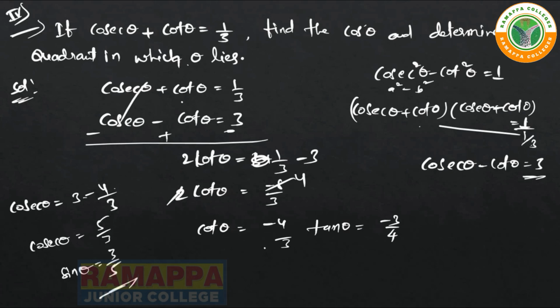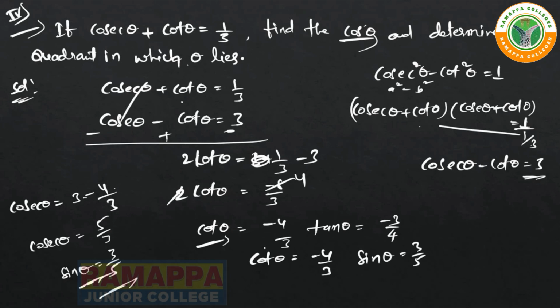Now what he is asking us to find is which quadrant it lies in, and also the cos theta. Here we got the cot theta value and the sin theta value. Cot theta is minus 4 by 3 and sin theta is 3 by 5.